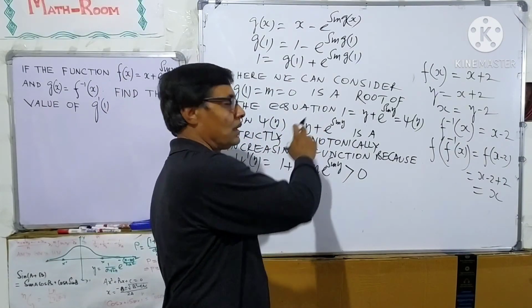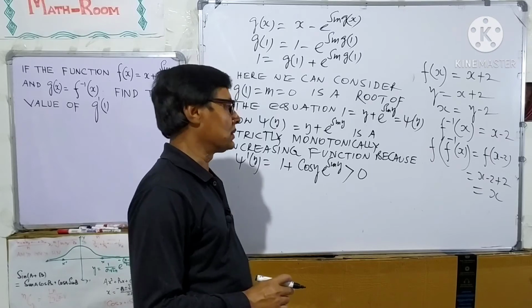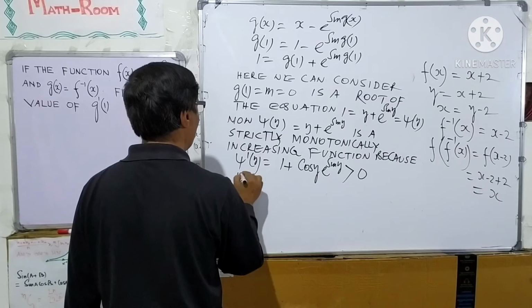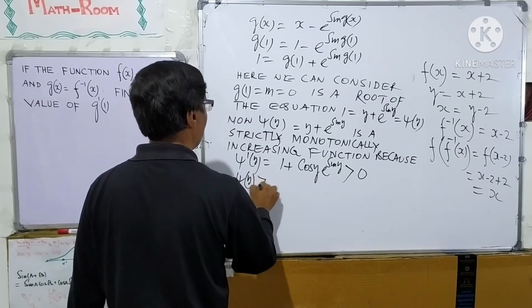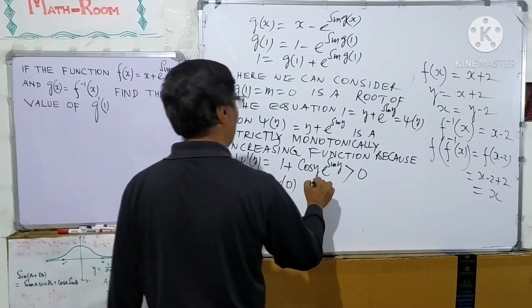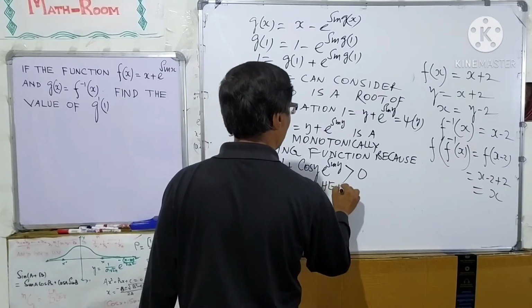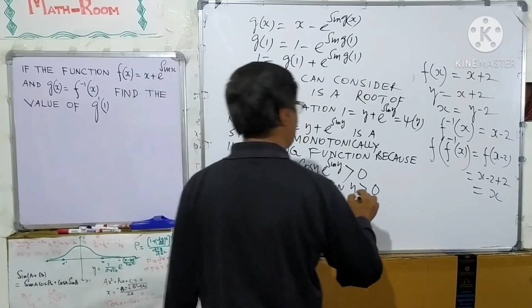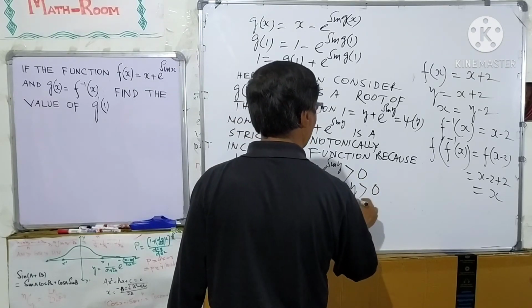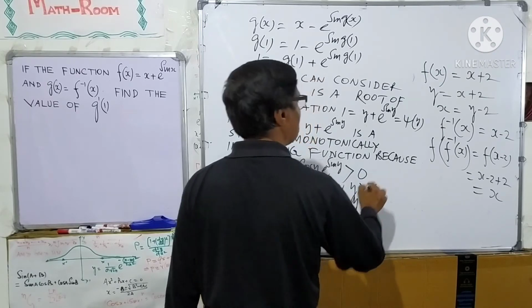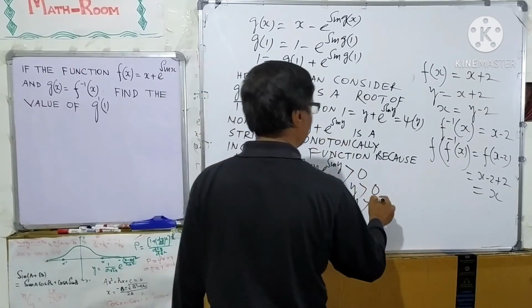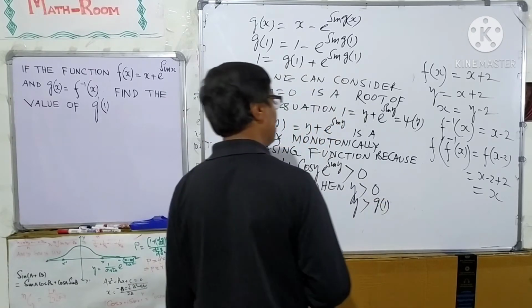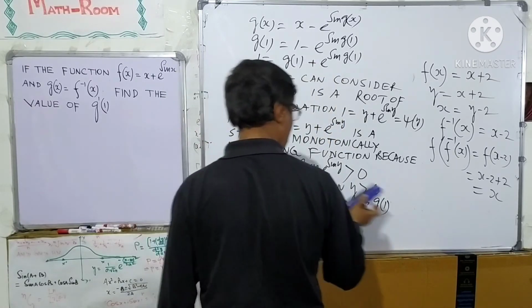So it is strictly monotonically increasing, so psi y is greater than psi 0 when y is greater than 0, where 0 equals g1.